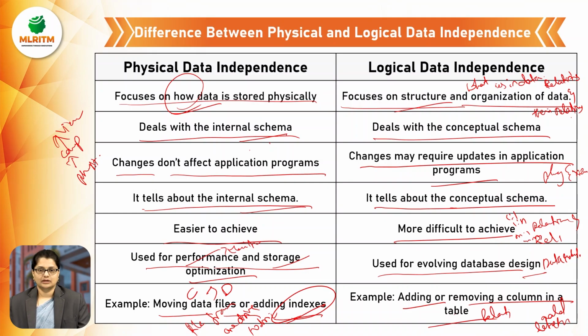I want to recap the entire topics covered in today's session. The first topic is data abstraction. In data abstraction, we have three levels: physical level, logical level and view level data abstraction. The physical level is also called the internal level, the logical level the conceptual level, and the view level the external level.